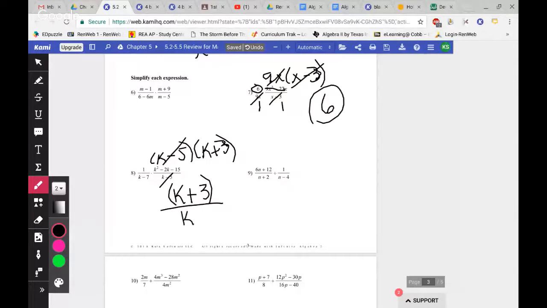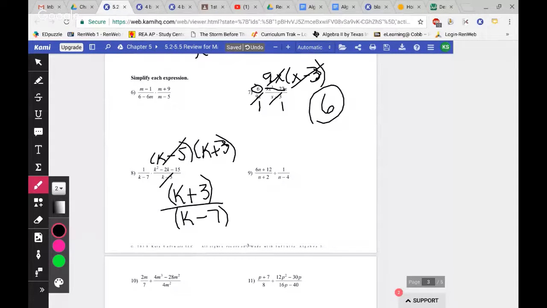So we've got a k minus 7 on the bottom. You don't have to put those in parentheses. You can just leave them as is. It's just habit for me. Did we get some people that got that right? Yes, they're getting them right.